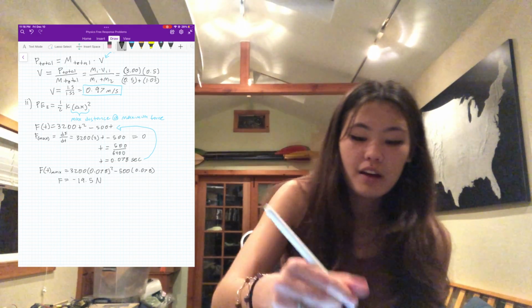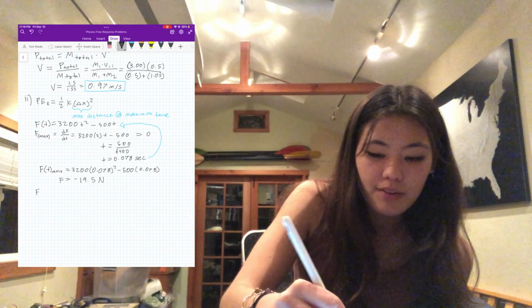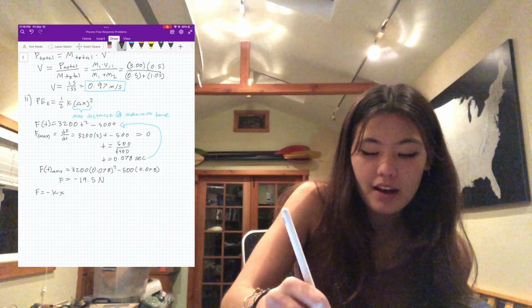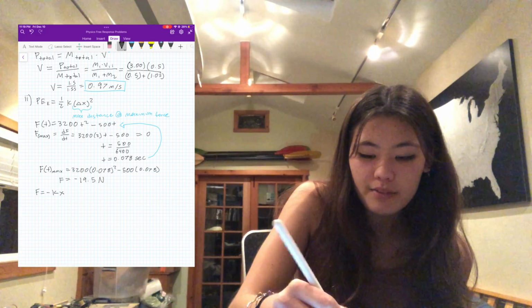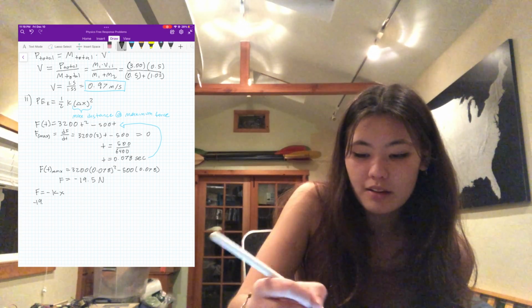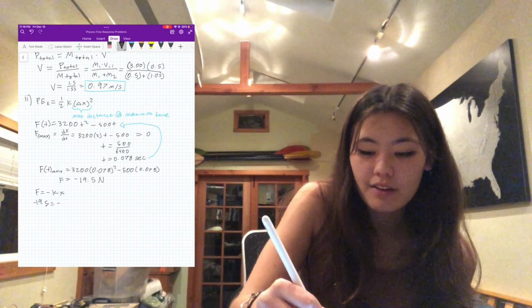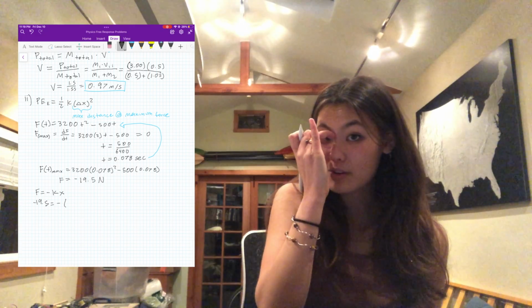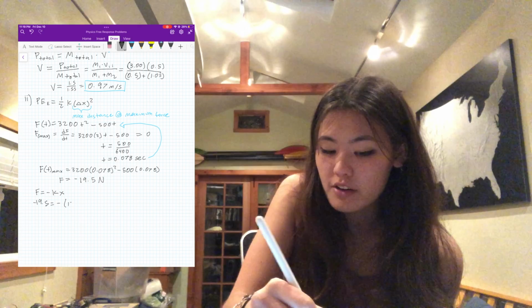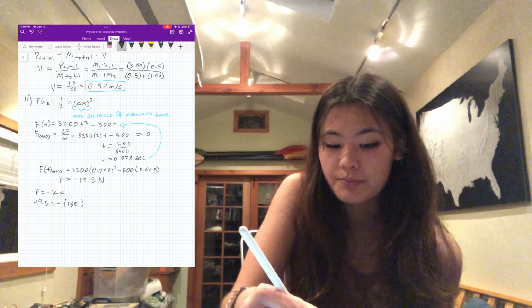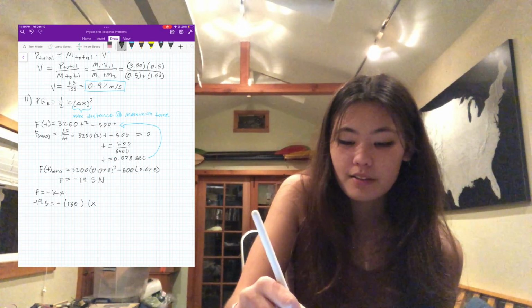And from that we can use Hooke's law to find the maximum distance that this applied force would compress the spring. So Hooke's law is given as F is equal to negative kx, and therefore we have negative 19.5 is equal to negative, and then we can plug in our value for k, which we wrote at the top as 130 newtons per meter, times x.